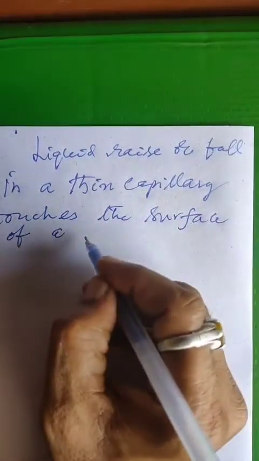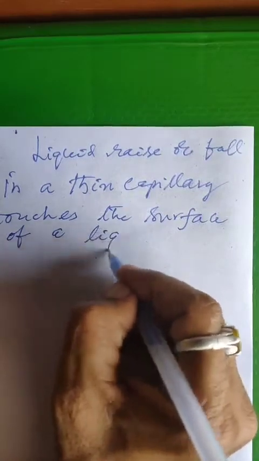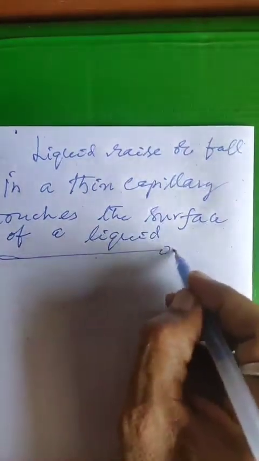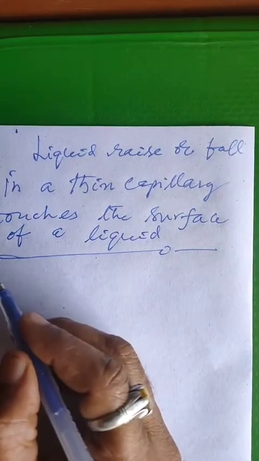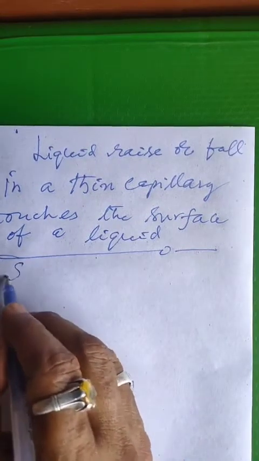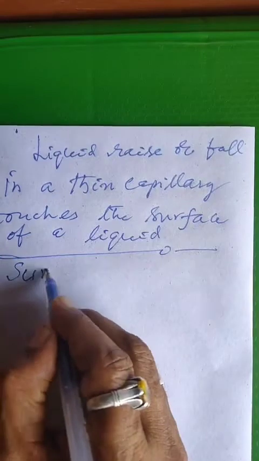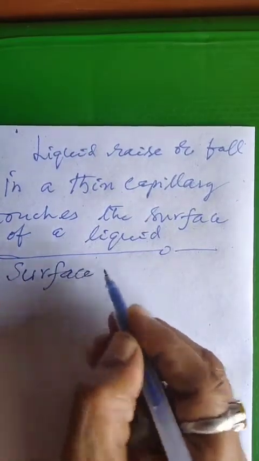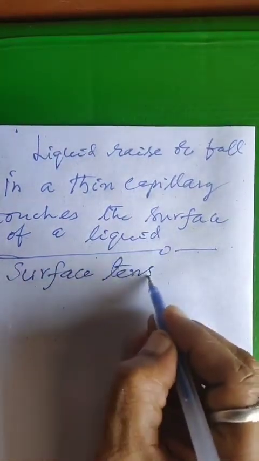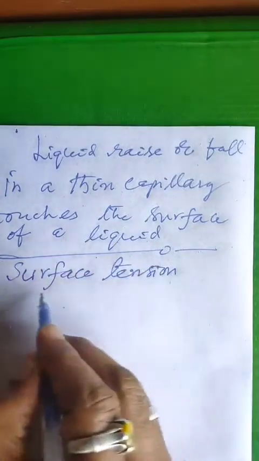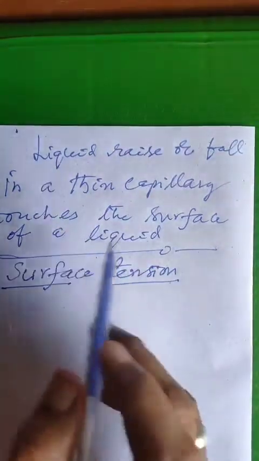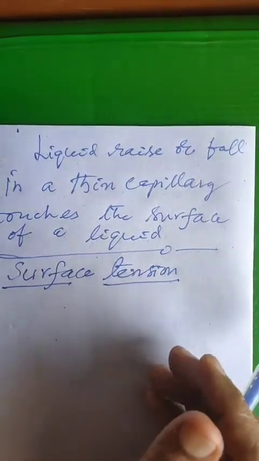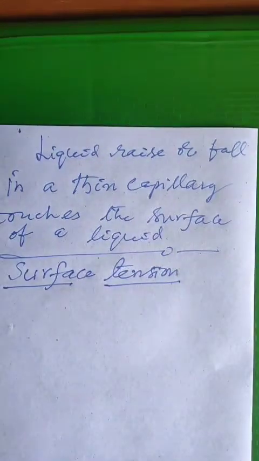Why this has happened is explained with the help of a phenomenon known as surface tension. Surface tension is the phenomenon that causes these properties we previously discussed. Clear?